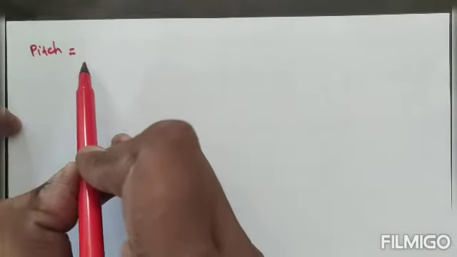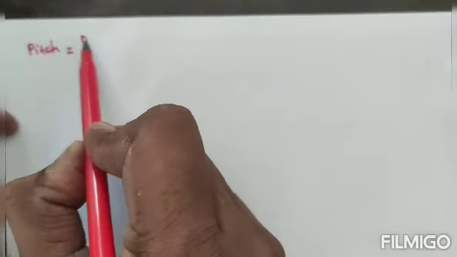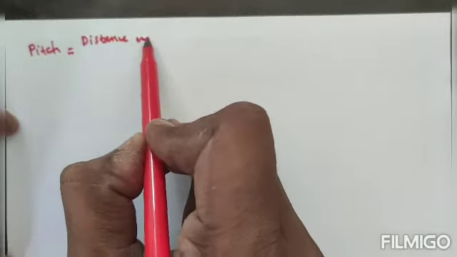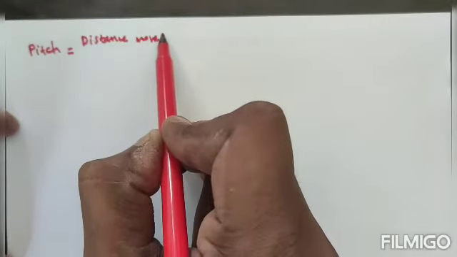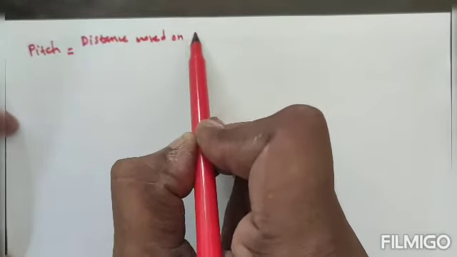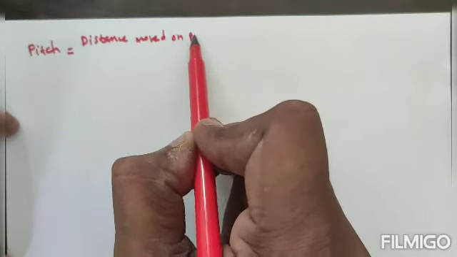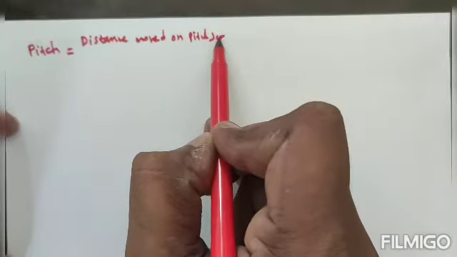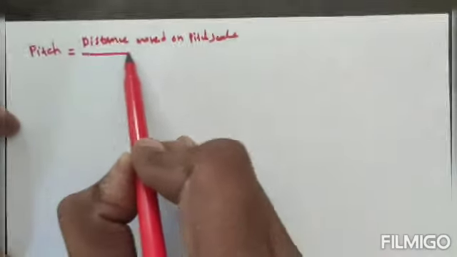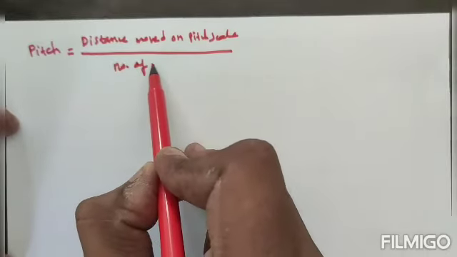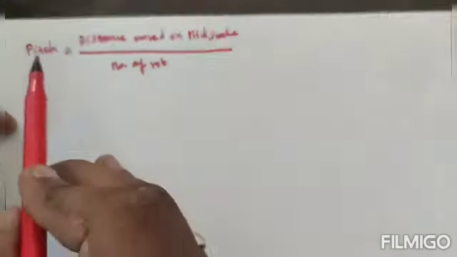So we know the pitch formula. Pitch equals distance moved on the pitch scale, that is the main scale, divided by the number of rotations.